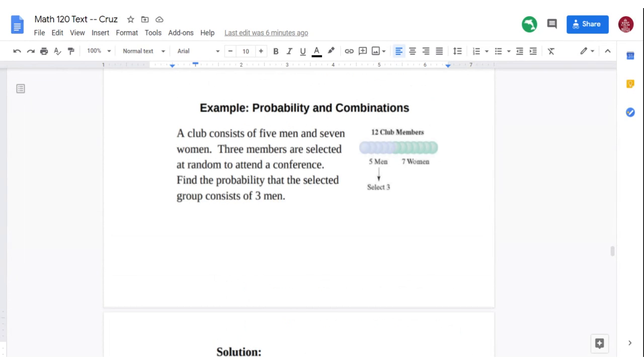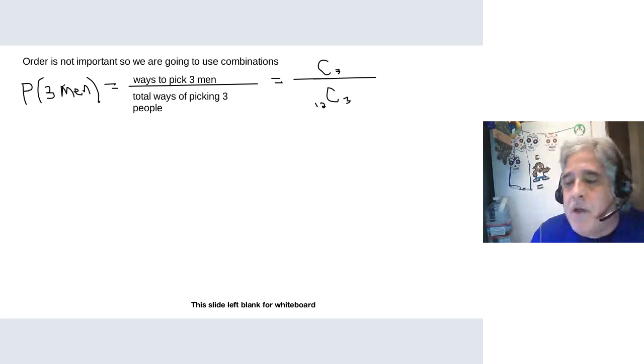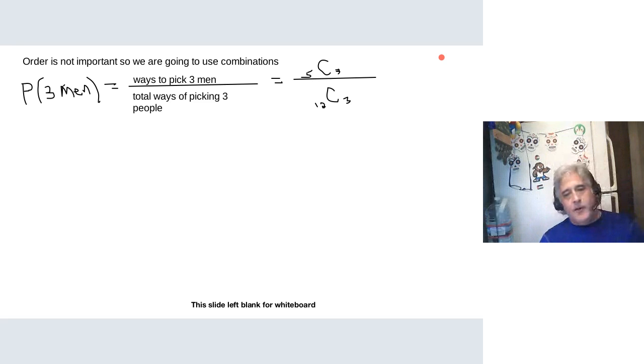There's 7 women, so how many men are there in this group? Well, there's 5. So as long as we get the 3 from those 5, then any of those outcomes will be fine. As long as we get 3 out of those 5, then we got winners, because they will be 3 men. So that's essentially what we're doing right here.